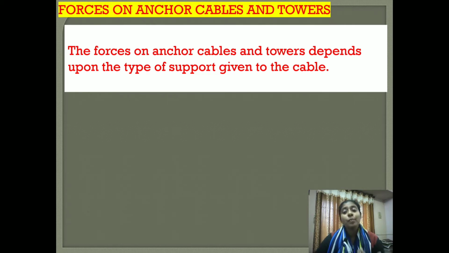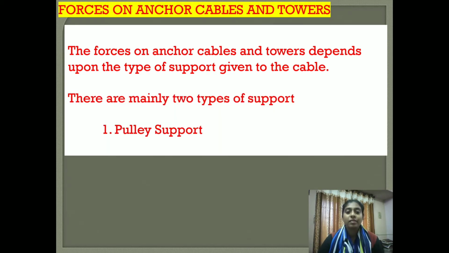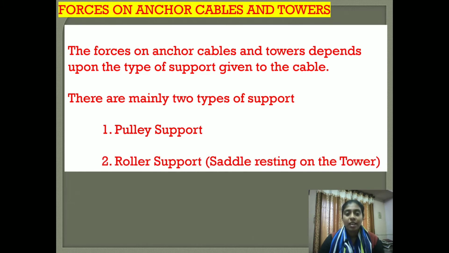So what type of supports? We generally use two types of supports. First one is pulley support and the second is roller support, also known as saddle resting on the tower.